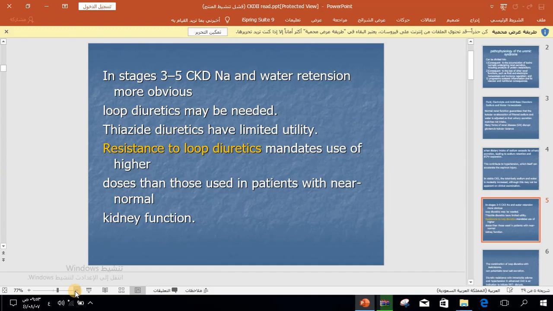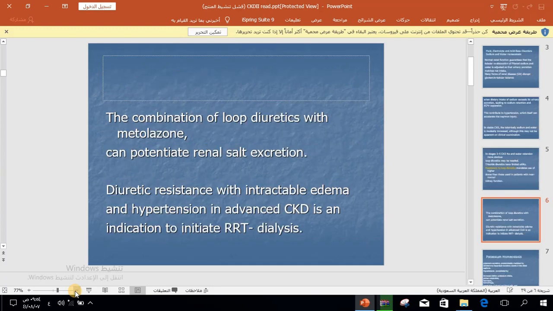The only diuretics which can be used in CKD are loop diuretics. Other diuretics like thiazide diuretics and potassium-sparing diuretics are not working or are contraindicated. The only thiazide-type diuretic which can be used is metolazone, to augment the function of loop diuretics.